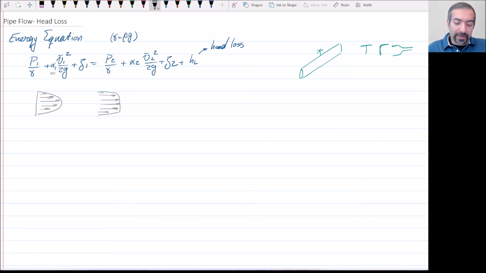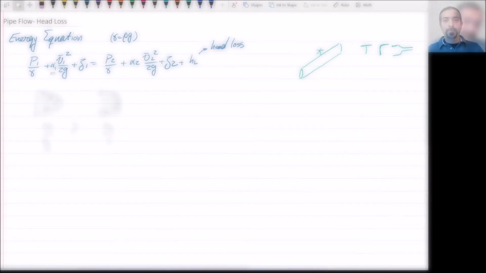Because Poiseuille flow is more non-uniform and turbulent flow is more or less uniform, alpha of turbulent flow is close to 1, whereas we calculated the alpha of Poiseuille flow to be 4 over 3. So alpha of a more non-uniform flow is higher than alpha of a more uniform flow. Anyways, let's move on.